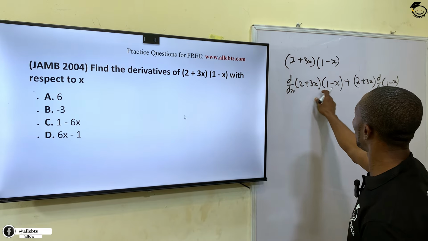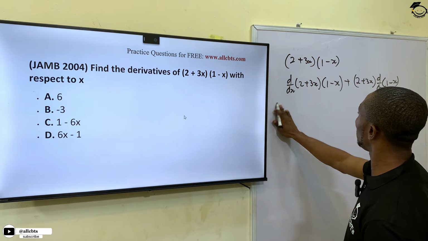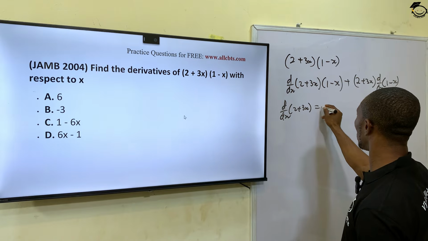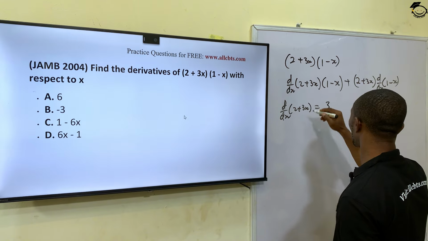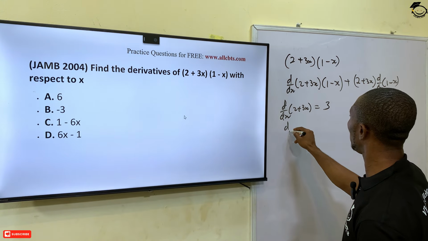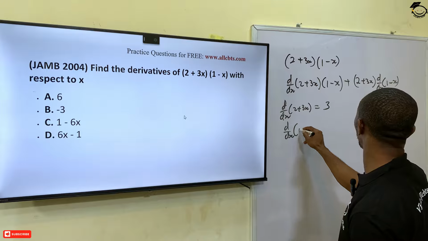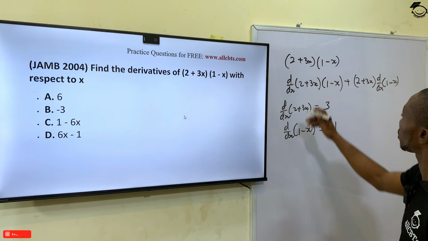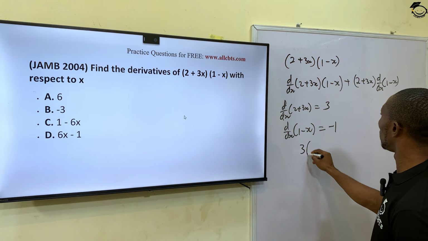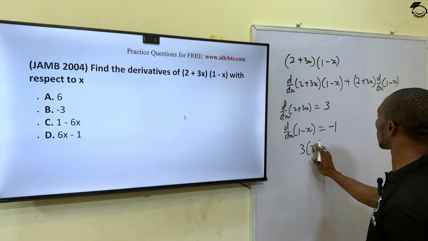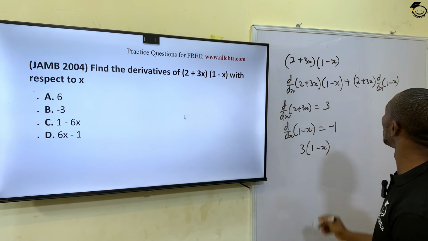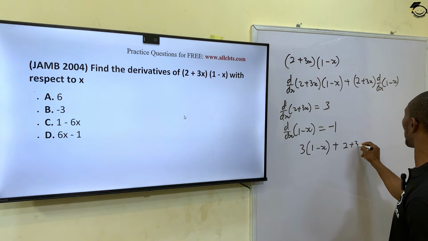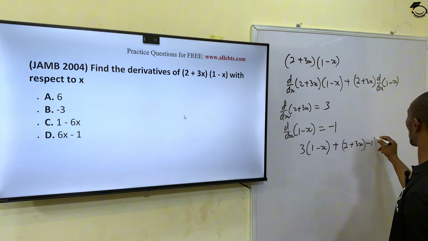Okay, so our dx of 2 plus 3x would give us 3, and our dx of 1 minus x would give us minus 1. Now, inputting this here, we have this as 3 brackets 1 minus x plus 2 plus 3x times minus 1.